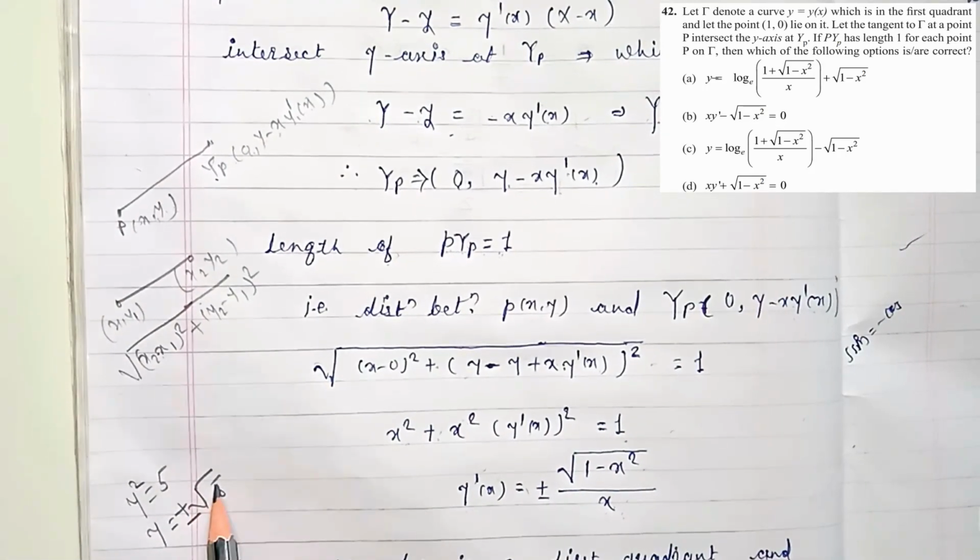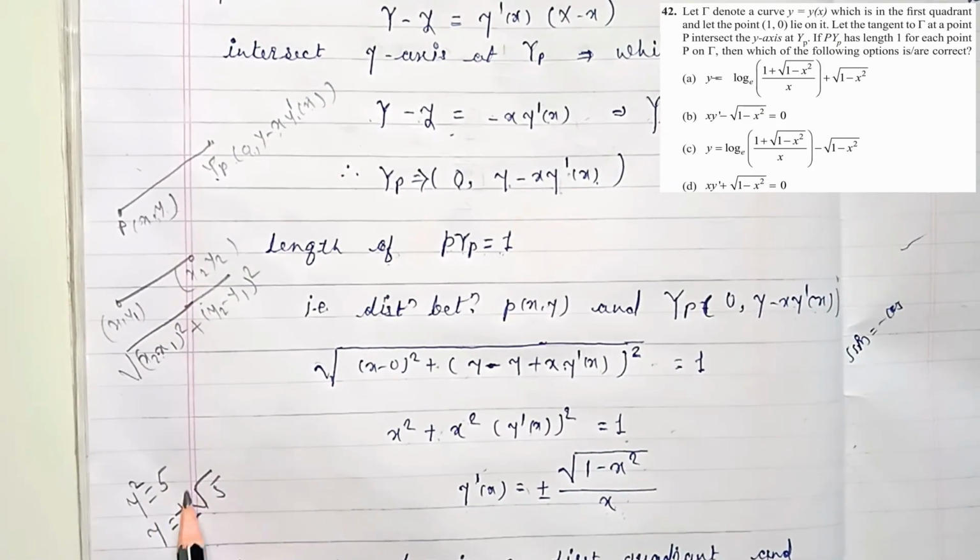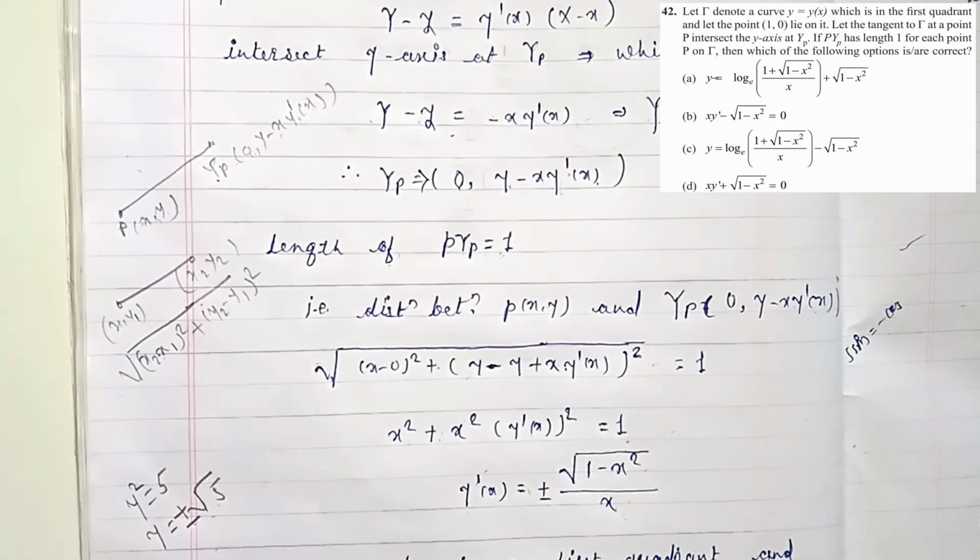That means plus root 5 square is also 5, and minus root 5 square is also 5. So always remember, whenever we are taking the square root of any number, we want the positive and negative sign also, because both of these signs give us our actual value.